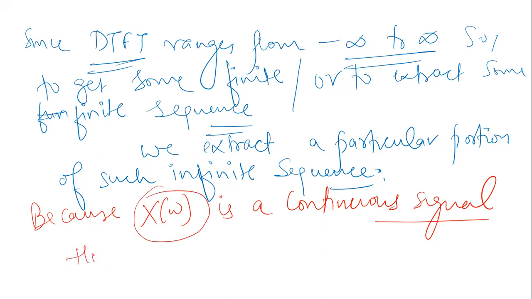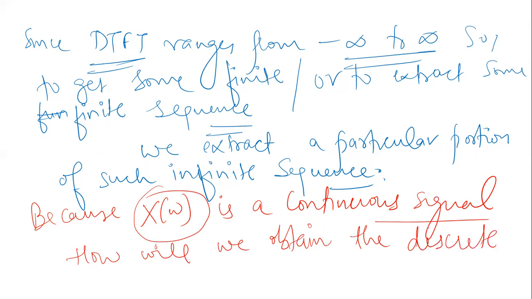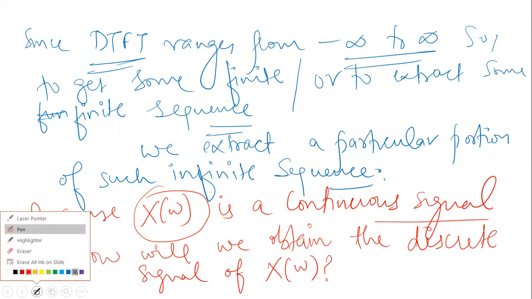Okay, how will we obtain the discrete signal of x omega? What is the answer to this?